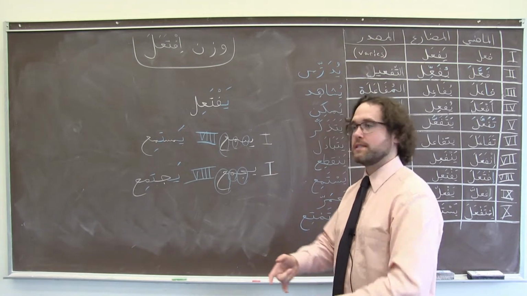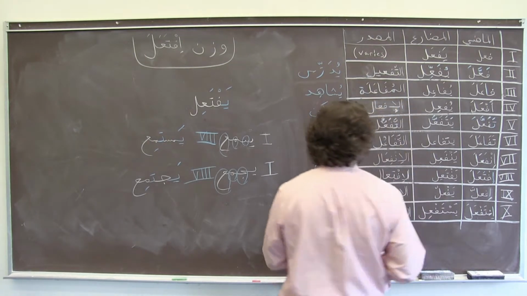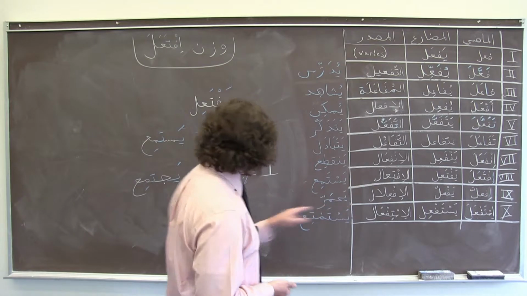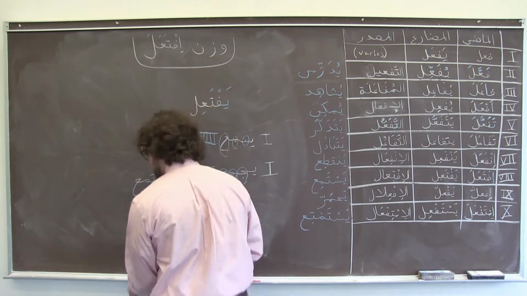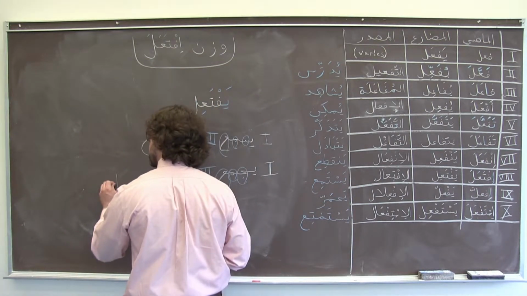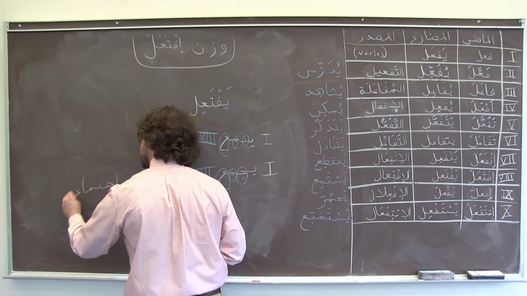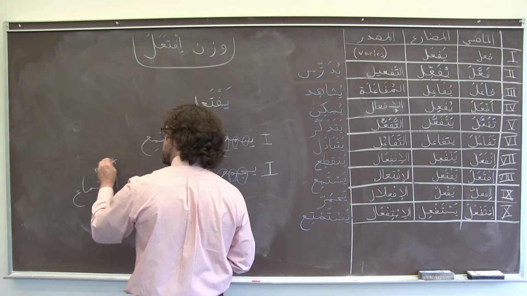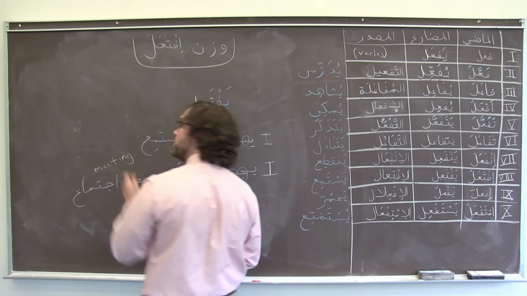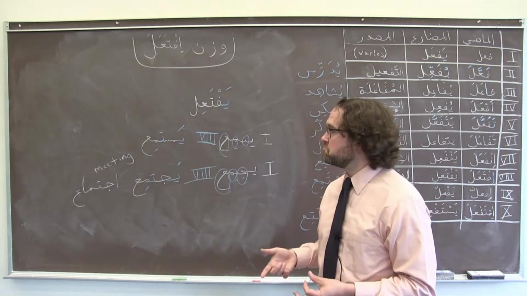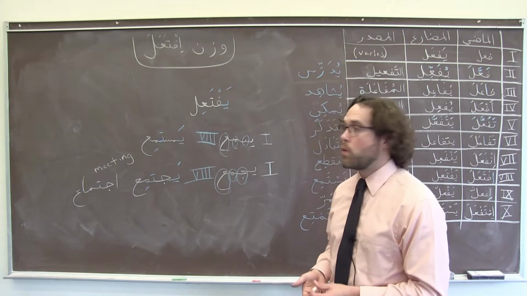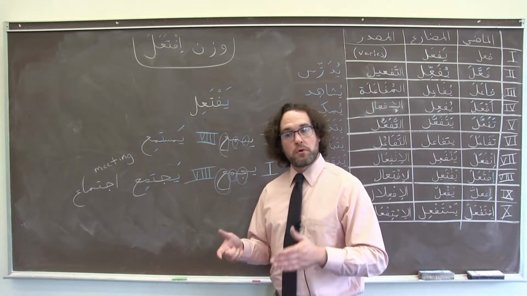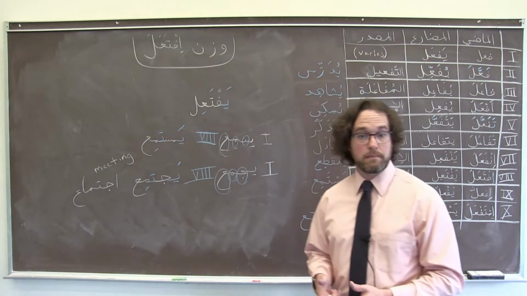Najtami', we all get together. In fact, the masdar of form 8 in this verb, ijtima', would be a very normal way in Arabic to refer to a meeting in the sense of a business meeting or a get-together for the purpose of accomplishing a specific thing.